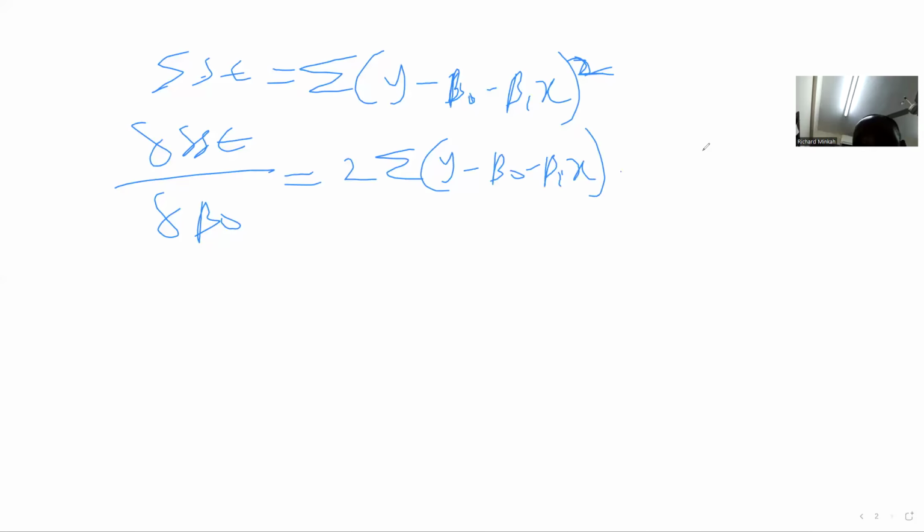Then I'm going to do this one. If I have 2 times y minus beta naught minus beta 1 x, what is inside the function? I'm differentiating with respect to beta naught. So it's y. If I differentiate y with respect to beta naught, what do I get? Zero. Then I move to the next one. What do I get?